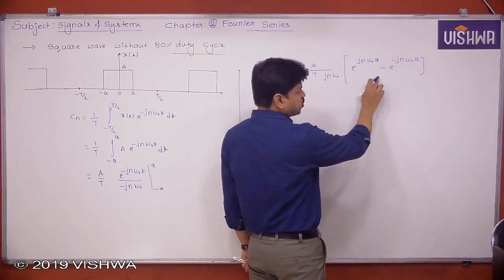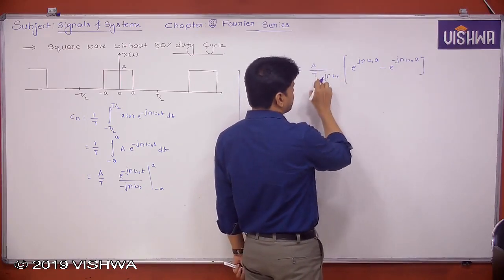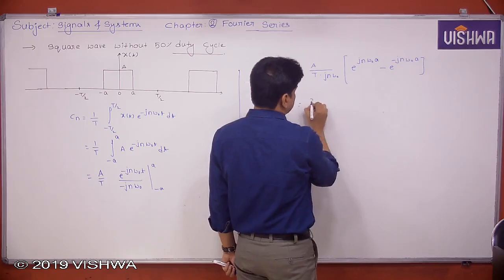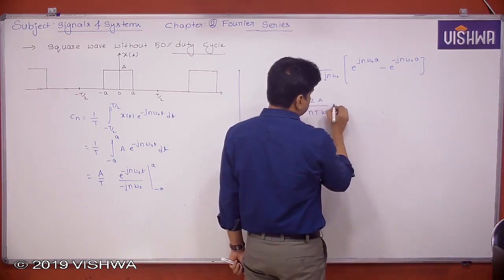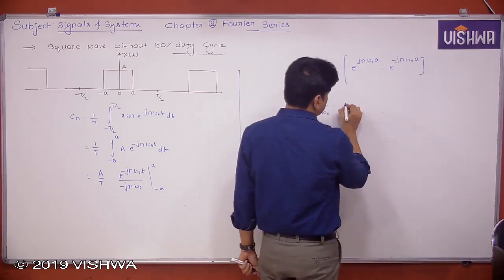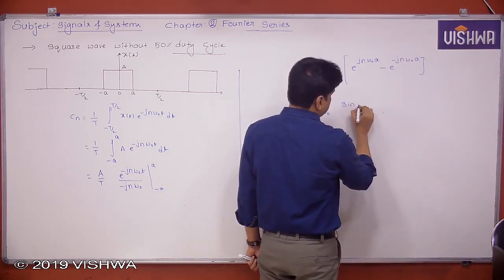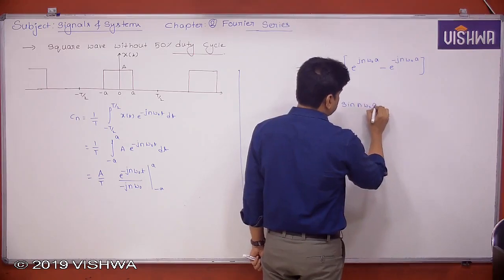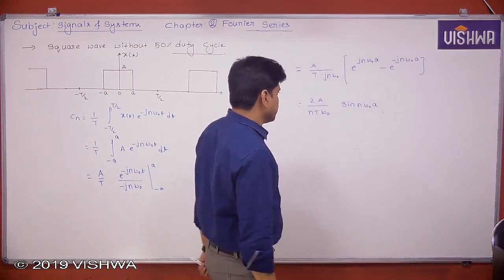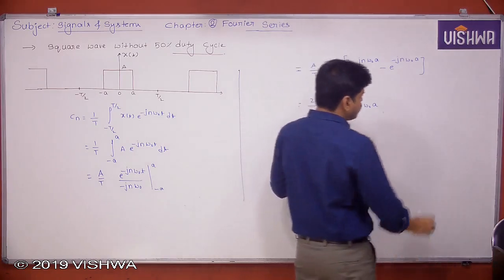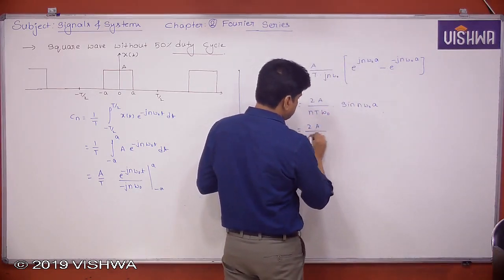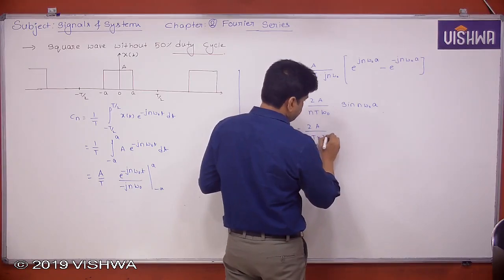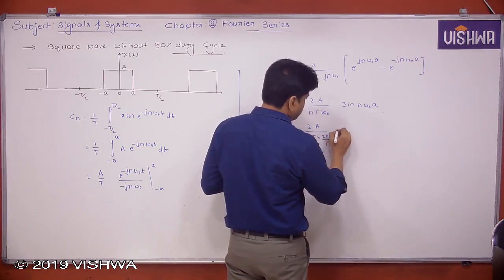Bring this j into this and multiply and divide with the 2. Then it is going to be 2A by n T omega naught, this is 2j, so sine n omega naught a. What is the omega naught value? Actually 2 pi by T, right? 2A by n T, 2 pi by T. T gets cancelled.